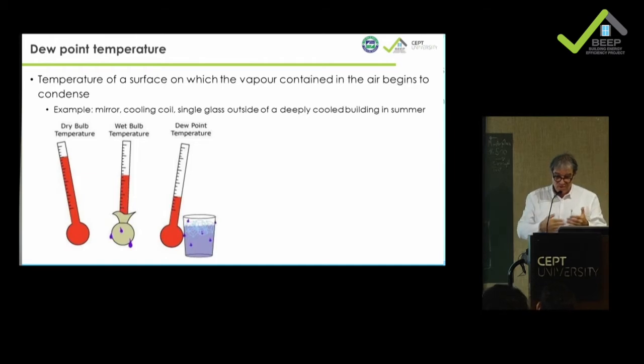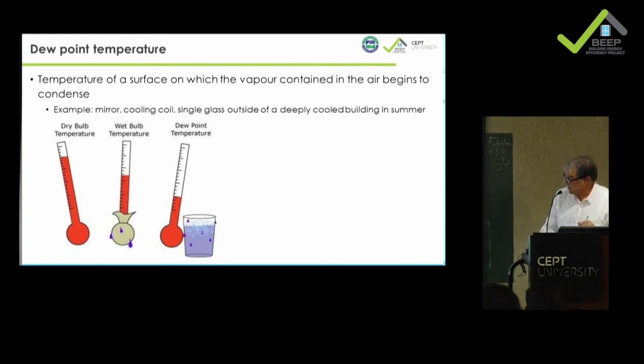In Europe, when it's cold, if you have single glazing, you will get water flowing on the vertical glazing because it's too cold, so the humidity will condense on the glazing. So the dew point is the point where you're on the saturation curve, but you just have air touching this surface and condensing locally.